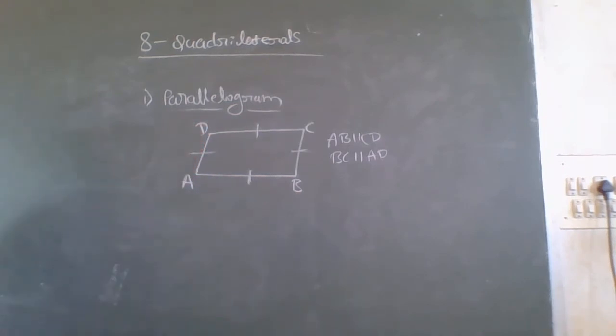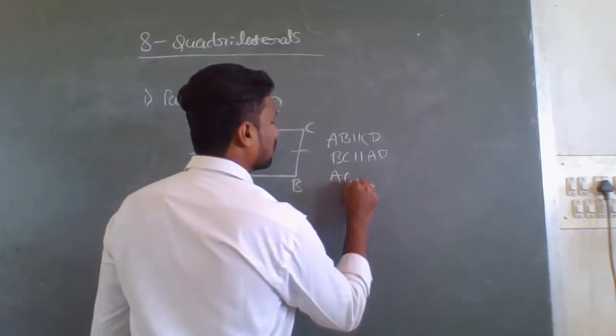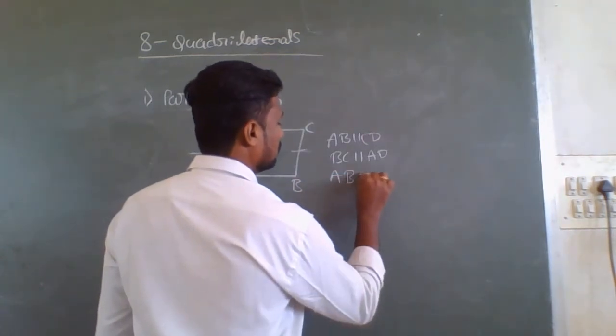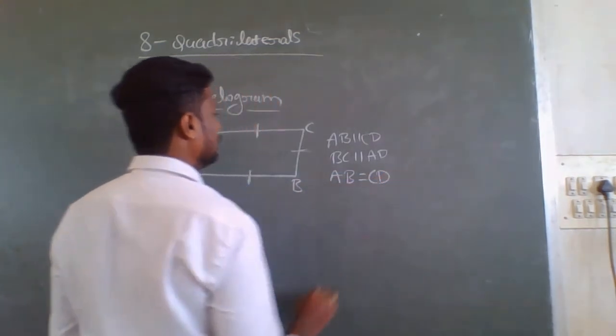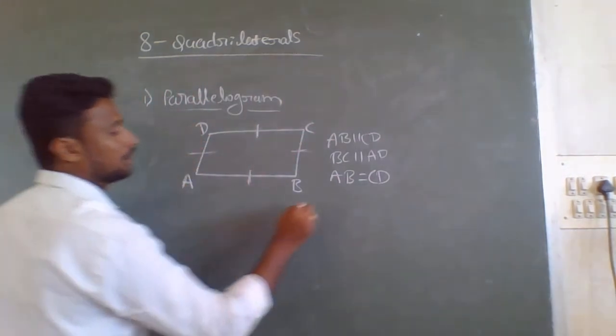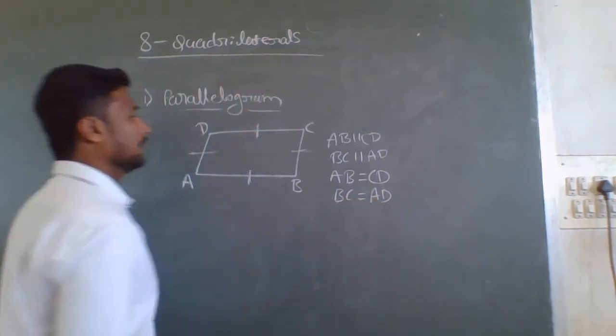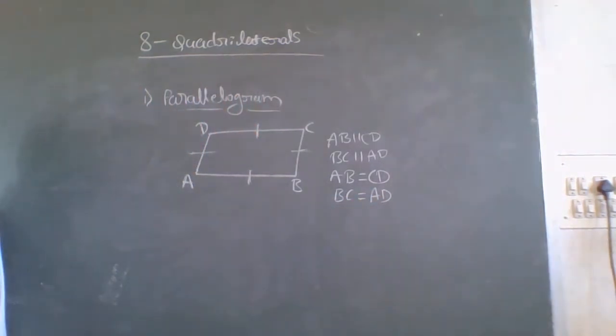These types of quadrilaterals are called parallelograms. And another important property is opposite sides are equal. Means AB is equal to CD, and BC is equal to AD.